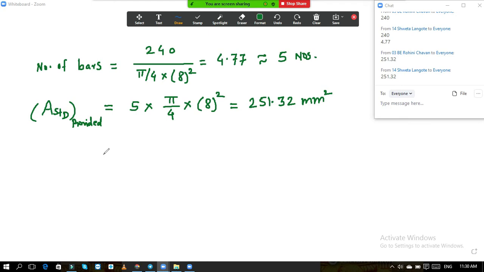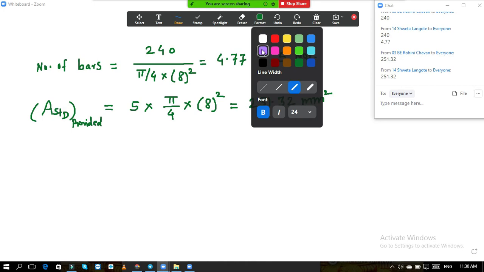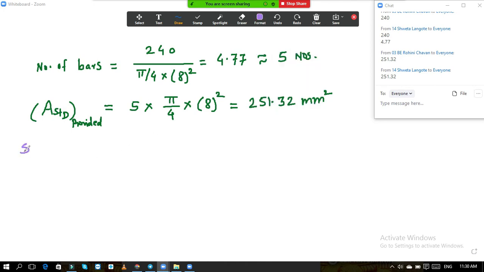Now after this, what is our next step? Calculate the spacing of distribution steel.